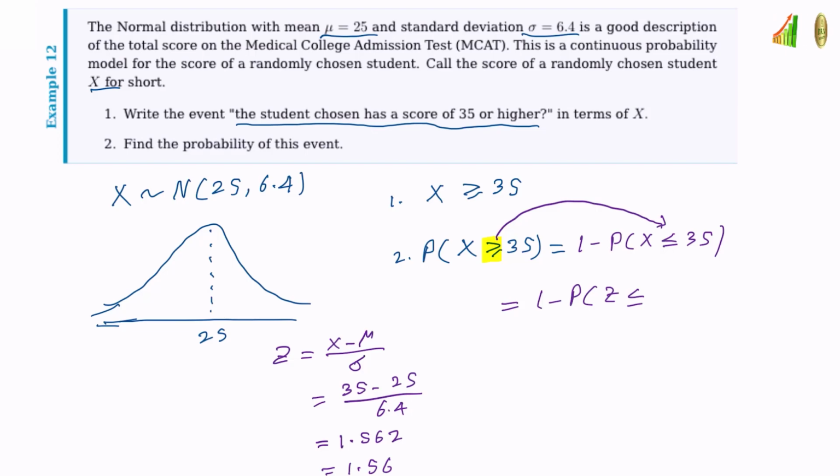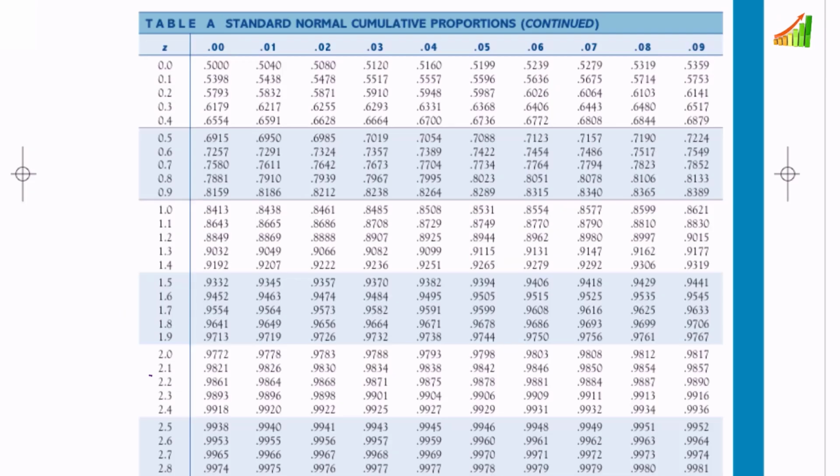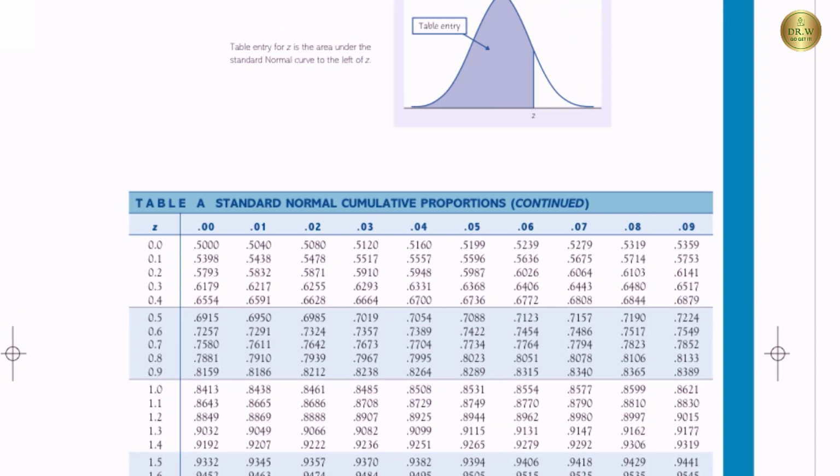Probability z less than or equal to 1.56 then. So 1 minus, how do we find the probability z less than or equal to 1.56? Now we use the z table. This is the z table we use. Pay attention to this graph. We always take the less-than area. That's the reason we always write 1 minus probability z less than or equal to something.